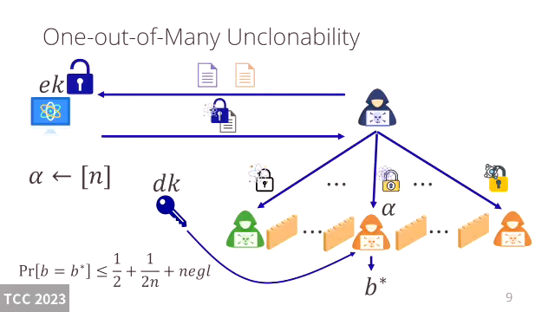And if the probability that the guess is correct is less than half plus 1 over 2n plus negligible, then we say that this satisfies one-out-of-many unclonable indistinguishability. We can derive this trivial bound as follows.